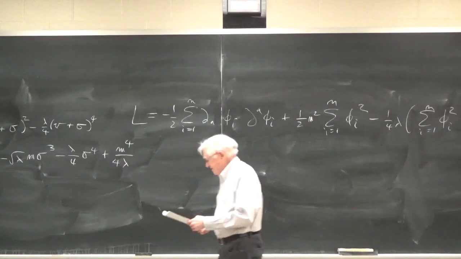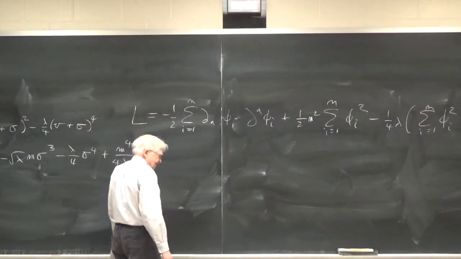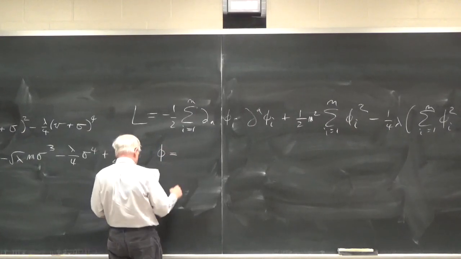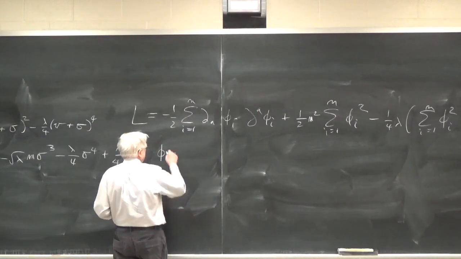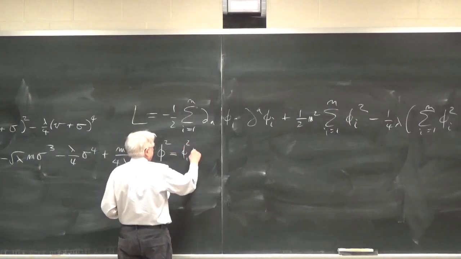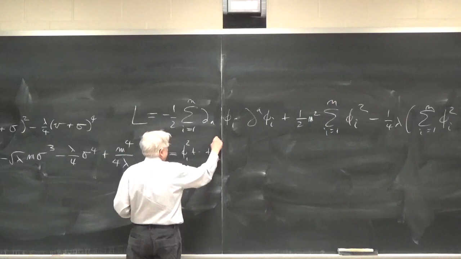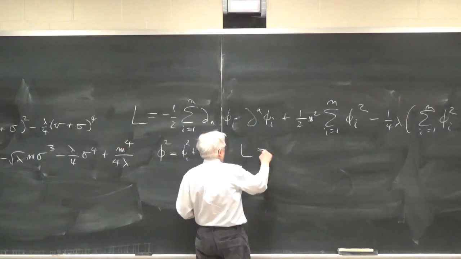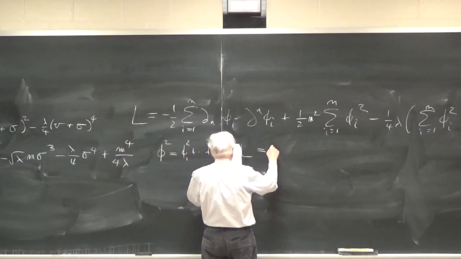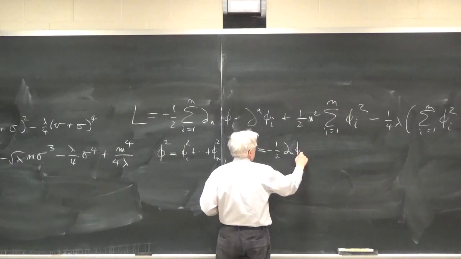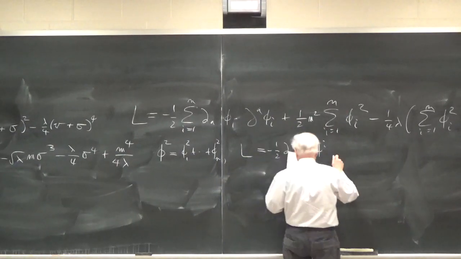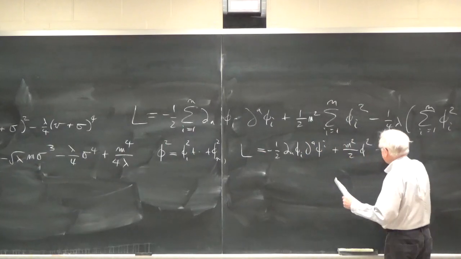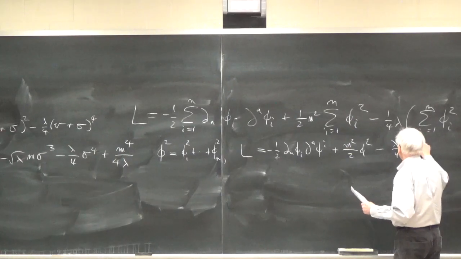Okay, so this is what people normally mean by the linear sigma model. And I'm going to set phi squared equal to phi 1 squared plus dot dot dot plus phi n squared. And I'm going to rewrite this L as minus a half dA phi i dA phi i plus m squared over 2 phi squared minus lambda over 4 phi squared squared.